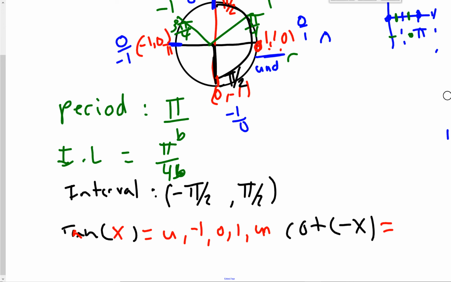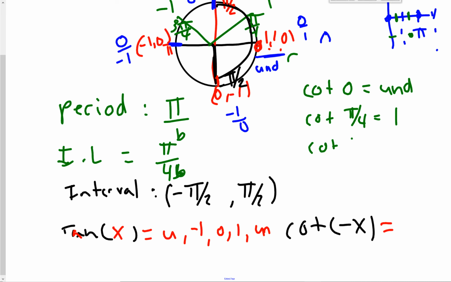And so cotangent is a little bit different. Cotangent's first undefined is actually at 0. Then at a quarter pi, it's at 1, just like tangent. And then at half a pi, that is back to 0, where tangent's undefined, cotangent of pi halves is 0.